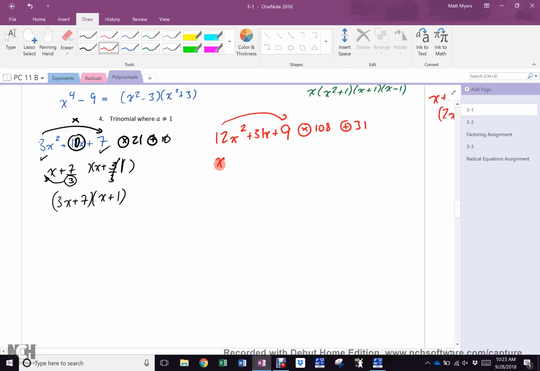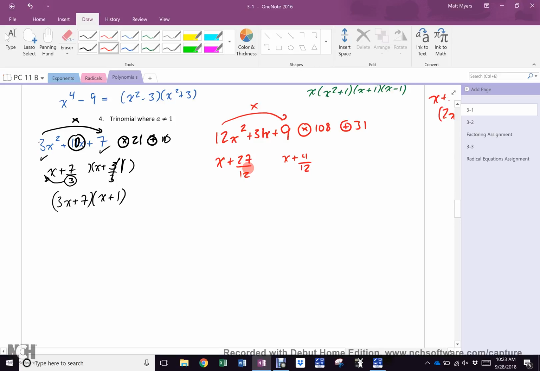So what do I do with 27 and 4? It's x plus 27, but it's not really plus 27, is it? What is it really? 27 over 12, because the only reason I knew it was 27 was because I did this multiply at the beginning. And the other one is x plus 4 over 12. Now what do I do with every fraction I see? Simplify. Can I simplify that?